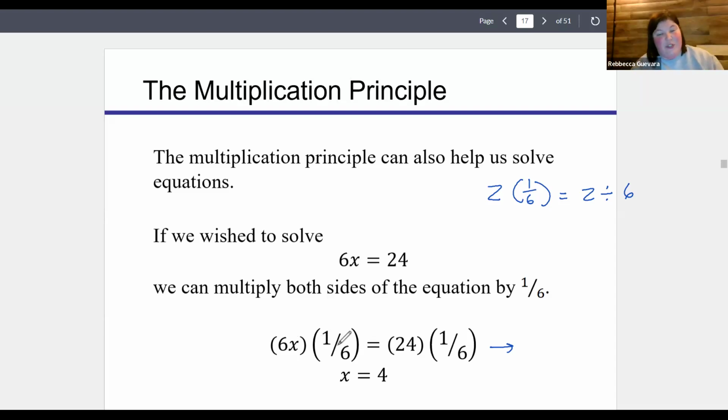So 6X times 1/6 is equal to 24 times 1/6. We can also say 6X divided by 6 is equivalent to 24 divided by 6. So what's going to happen here? You're going to end up with X equal to 4.